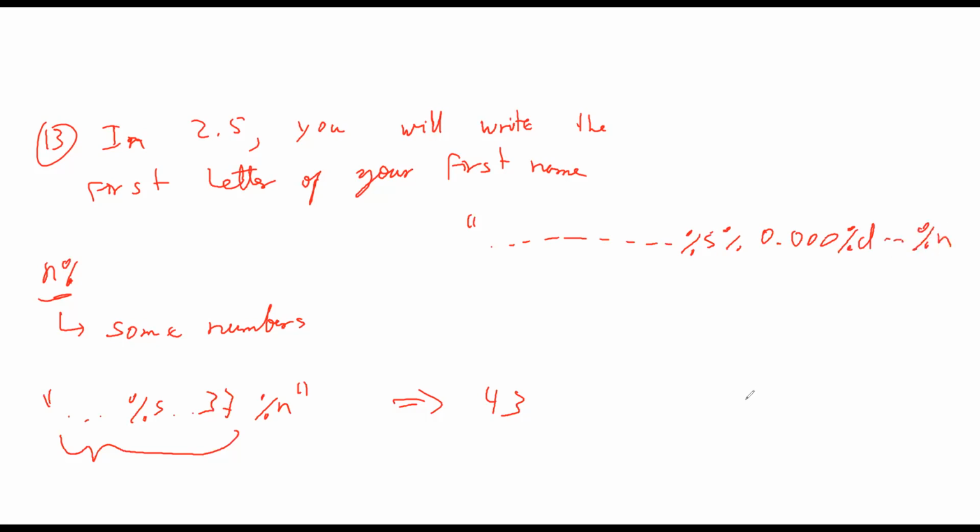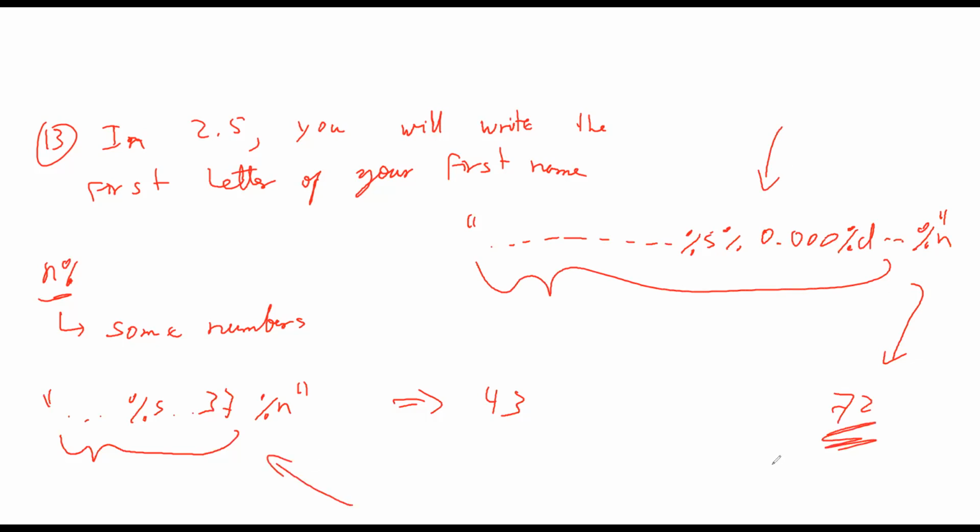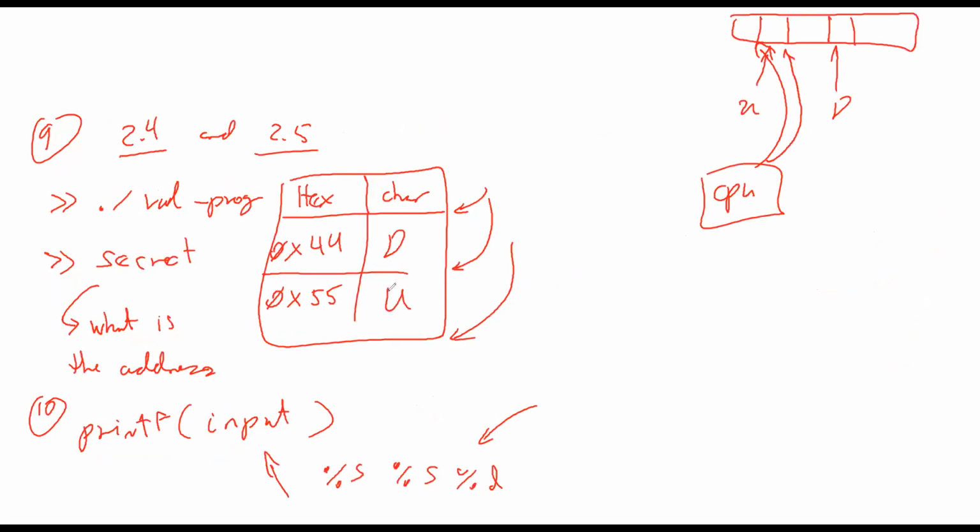If you look at that, that percentage n will say, oh, that's 72. Do you see that? Because more characters have been processed. And so you will just have to figure out the right combination that gives you the decimal that is equivalent in the ASCII table that I gave you, with hex to decimal to characters.